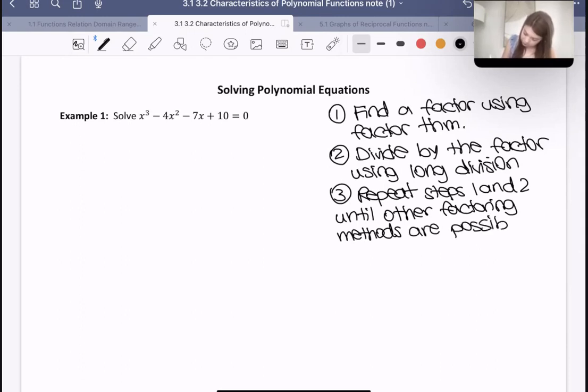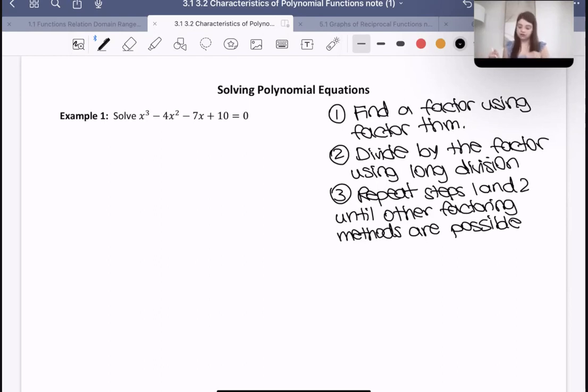So once we've done step one and two enough times, that we're then able to stop and say, okay, we now just have a quadratic, we can factor it that way, or we now just have a quadratic and this quadratic isn't able to be factored, so we're done the whole question, something like that.